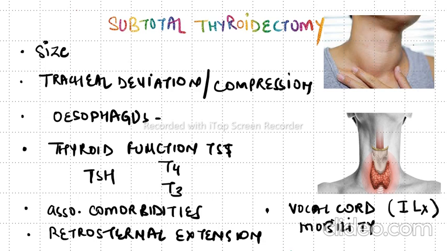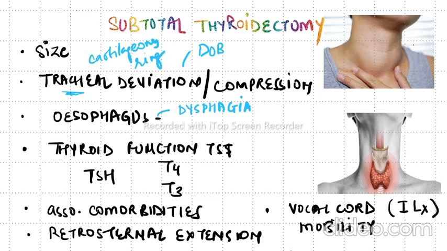You may ask about the symptoms that the patient is having, like difficulty in breathing, or difficulty in swallowing, that is dysphagia, which may occur prior to the dyspnea, since the trachea always has cartilaginous support, cartilaginous rings, but the esophagus is muscular and easily compressed.